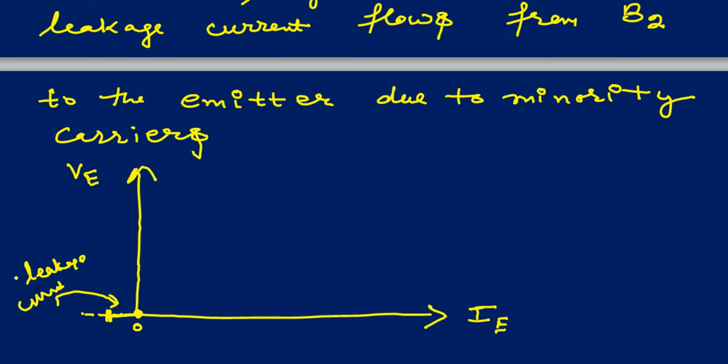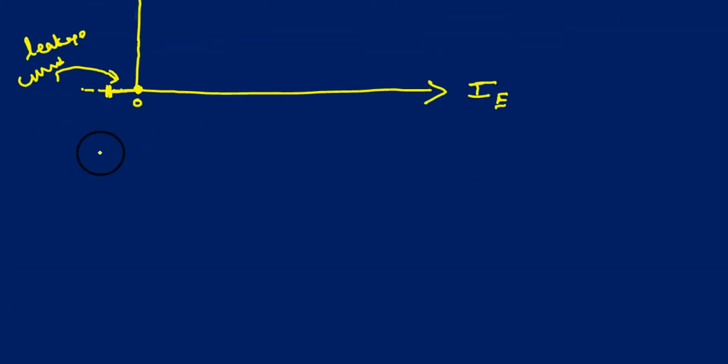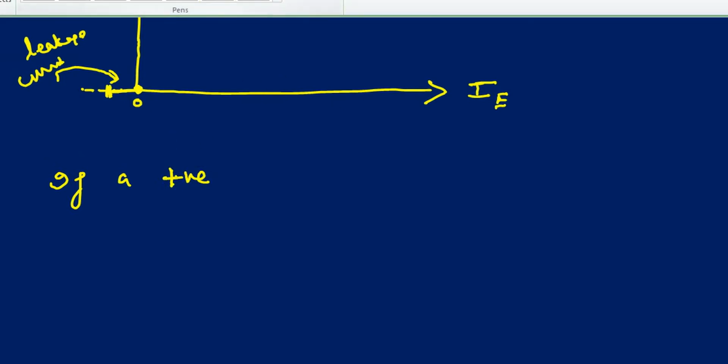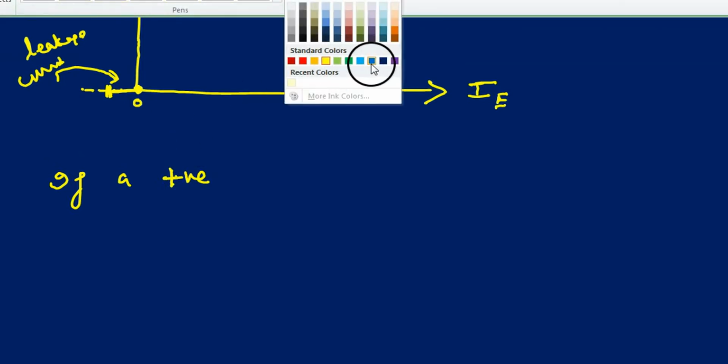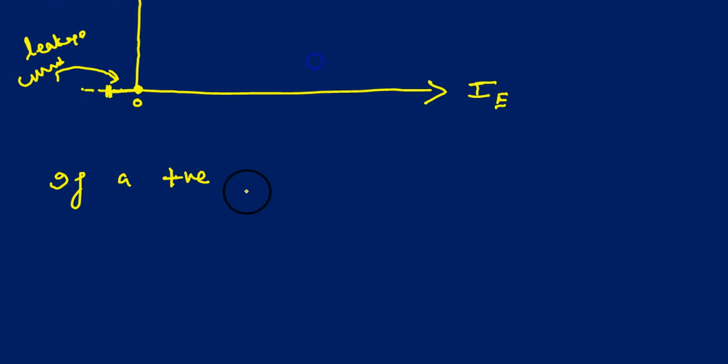Generally we take voltage along the x-axis and current along y, but here the graph is different. Current is along x and voltage is along y. This you have to remember, and there is a particular reason for it.